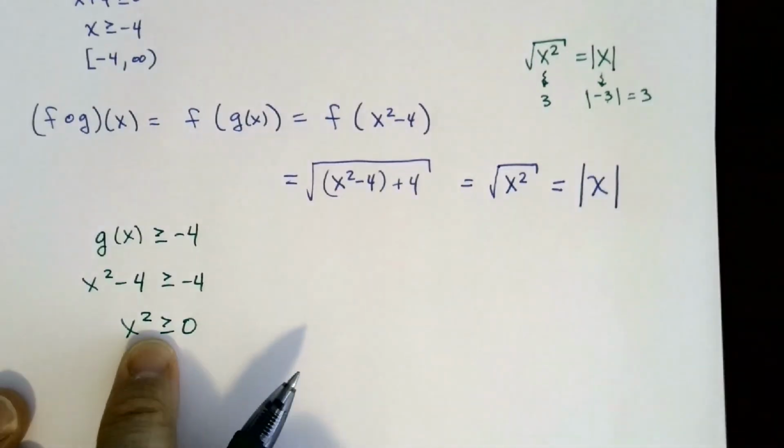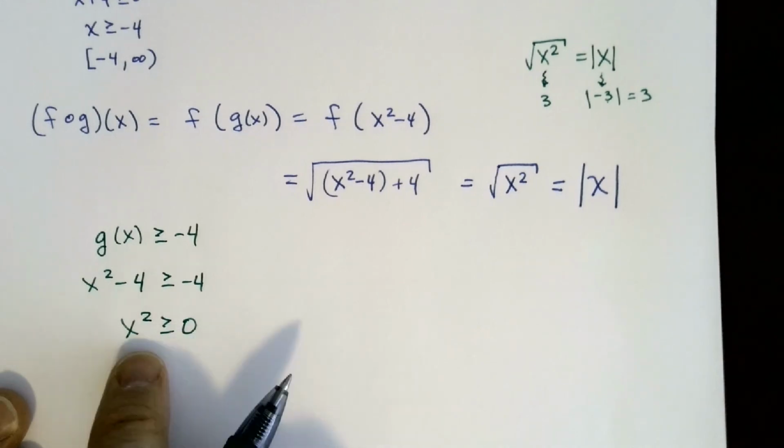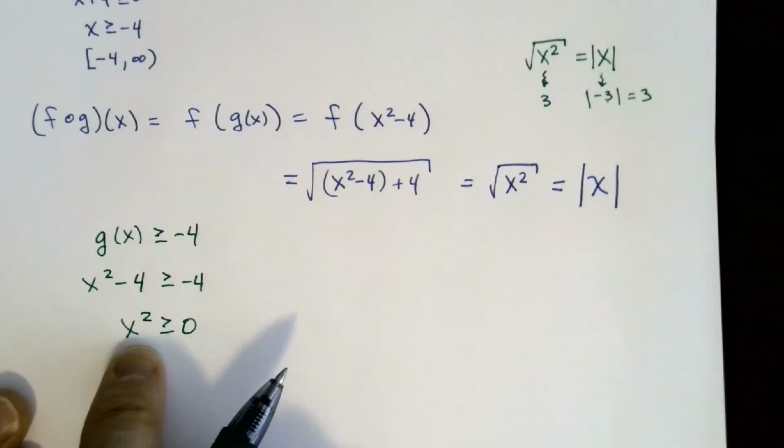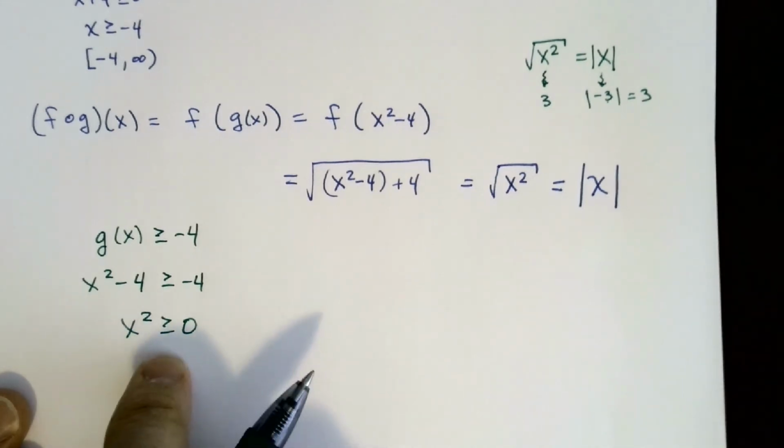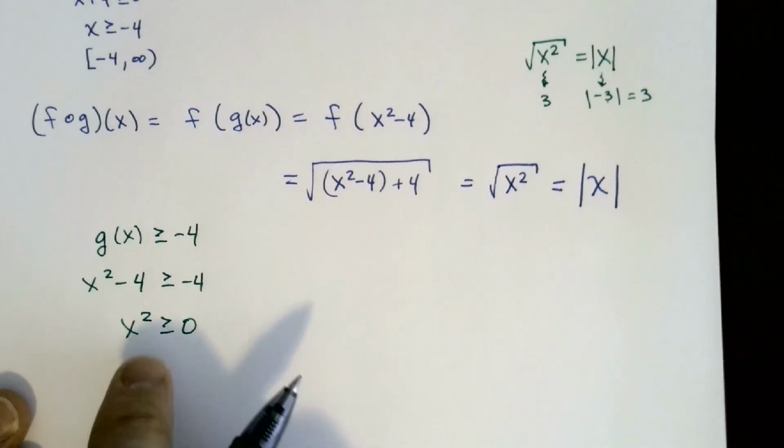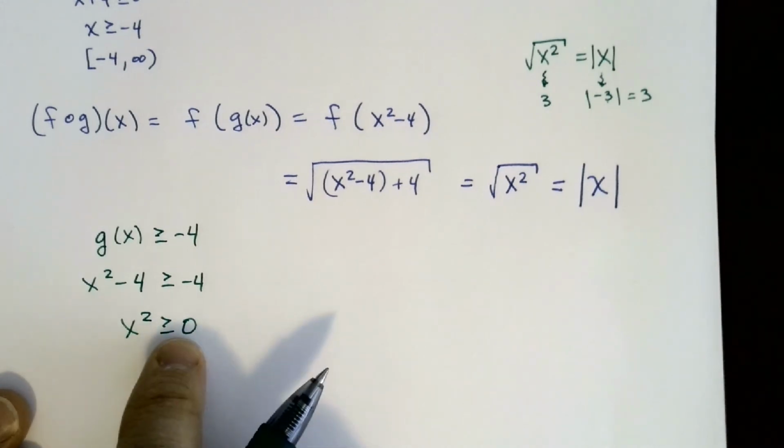Well, wait a minute, let's think about this. x squared greater than or equal to 0. You even know what the graph of x squared looks like. For any value of x, x squared is greater than or equal to 0. Whenever you square a number, it's always non-negative.